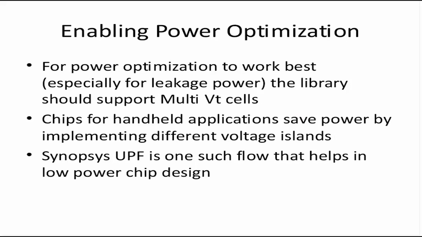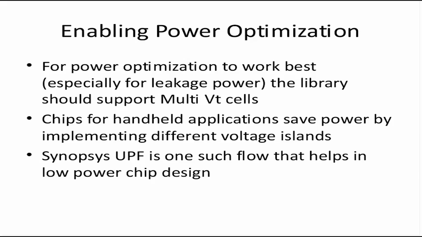The results will not be much different. So to use leakage power optimization, you should have multi-VT cells. Any good library for deep submicron technology will have cells with different VT cells, right? I'll check if the library we are using has multi-VT cells. If not, then we cannot do many things in the lab, right?